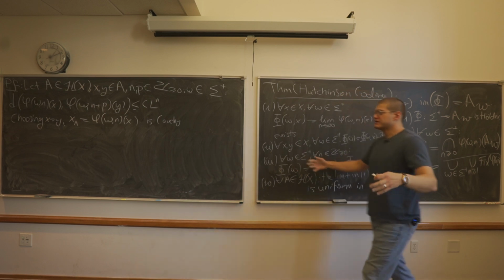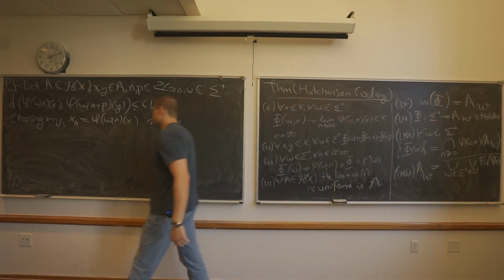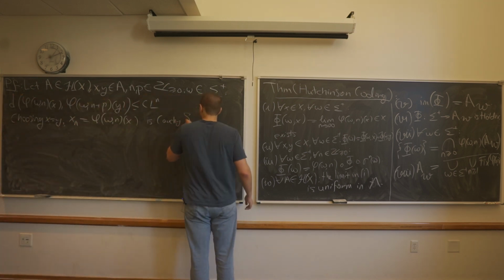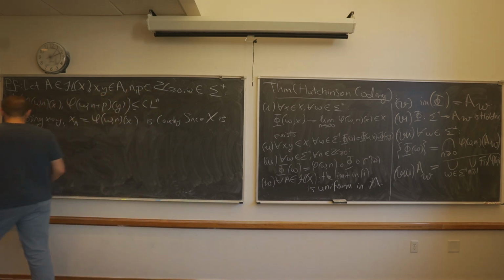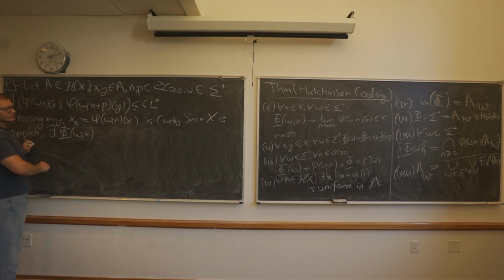X is complete by the definition of the B-IFS. So you need to start with a complete metric space. It has a limit. There's a unique point. At this stage, that's going to depend certainly on omega and on the initial condition.